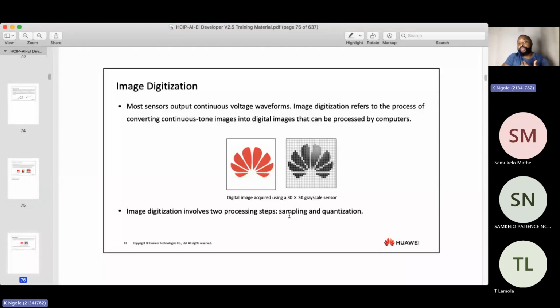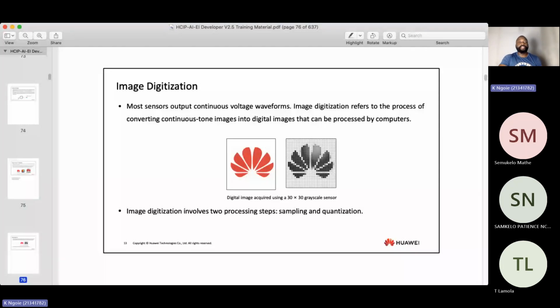So how many pixels does this picture have, in terms of the image resolution? And then we have quantization, which means that we're going to assign a numerical value for the intensity or the light or the color of those images.